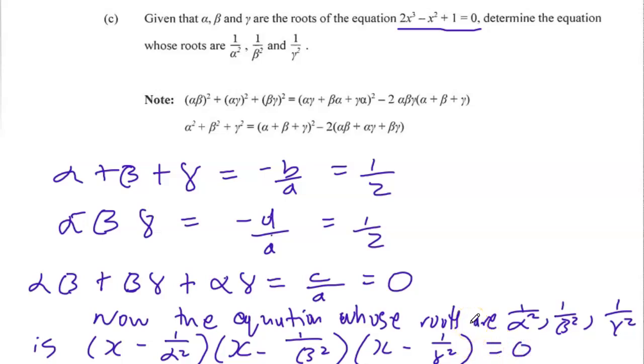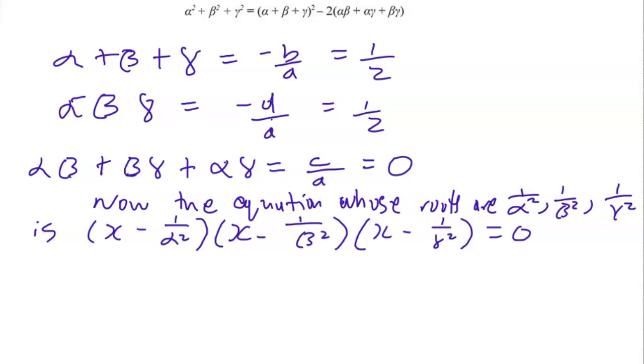Now, of course, we can expand. And if you expand, what you will find is that the terms will be x cubed minus, and the coefficient for the x square would be the sum of the roots, which is 1 over alpha square plus 1 over beta square plus 1 over gamma square.